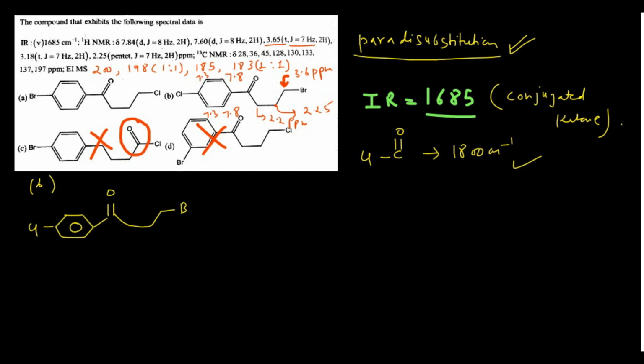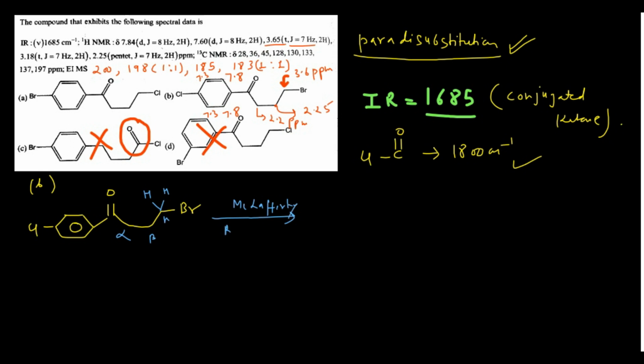Okay, and then you can see here, this is your alpha carbon, this is your beta carbon, this is your gamma carbon, and this gamma carbon has two gamma hydrogens. So you can apply the McLafferty rearrangement here. This is McLafferty rearrangement.